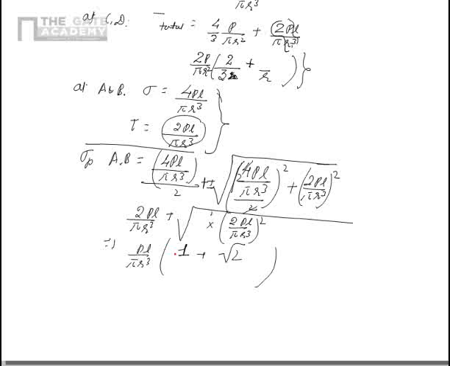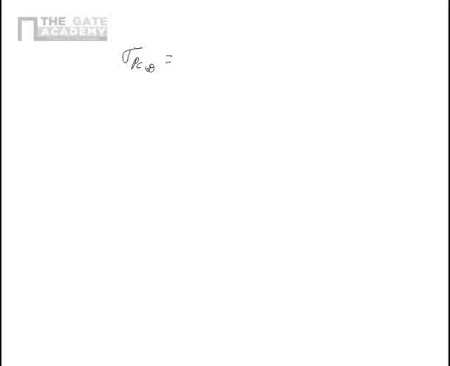So I have this as the principal stress at A and B, and the principal stress at C and D, because it's only pure shear, will be equal to this quantity itself. Sigma principal at C and D: because there is only a shear stress occurring, that itself will become the principal stress value.